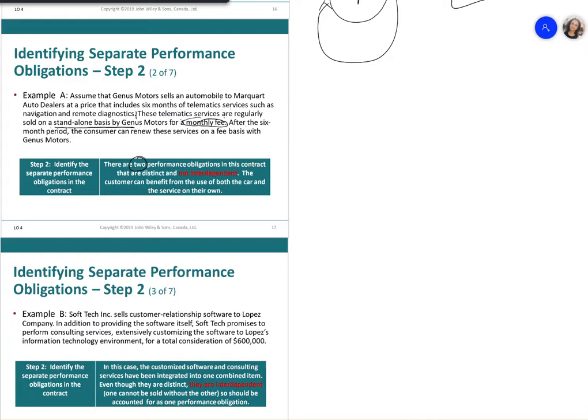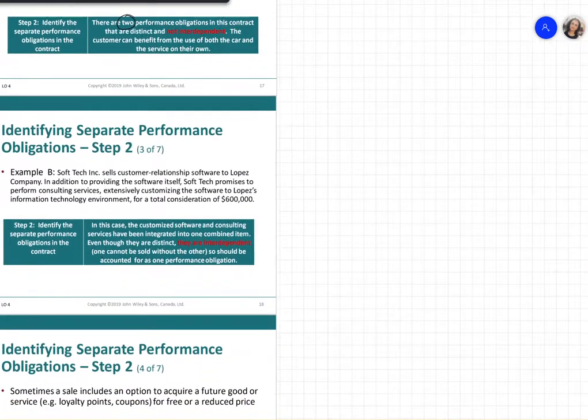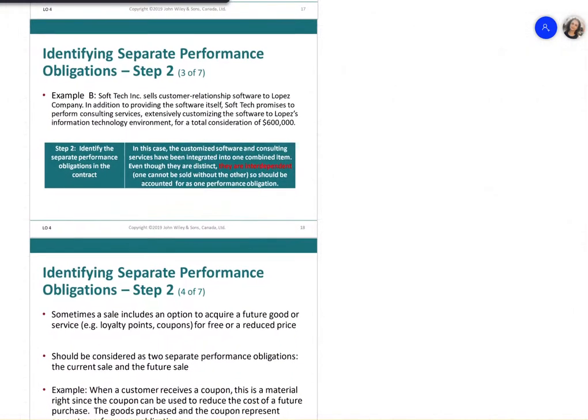But if you think about a bagel and a coffee, I can sell them separately. In this case, I cannot sell them separately. With a latte, they both go together. We combine two products into one, so it's accounted for as one performance. A latte is one performance, while a bagel and coffee are two performances.